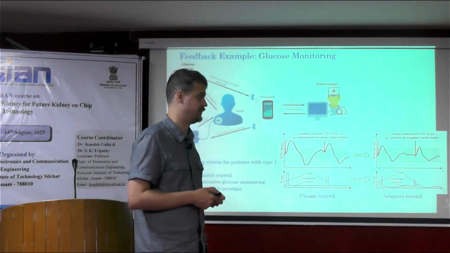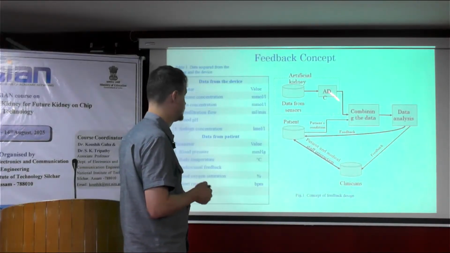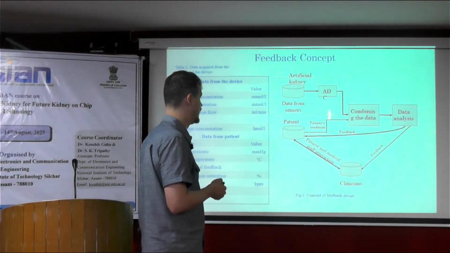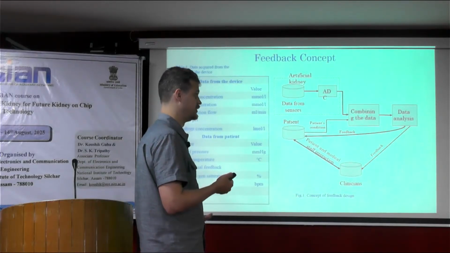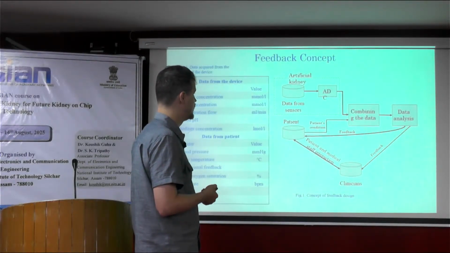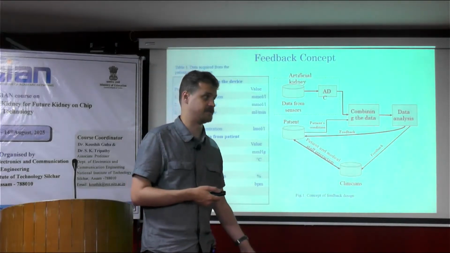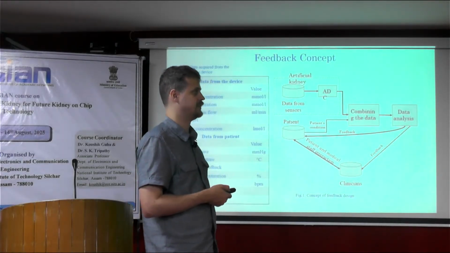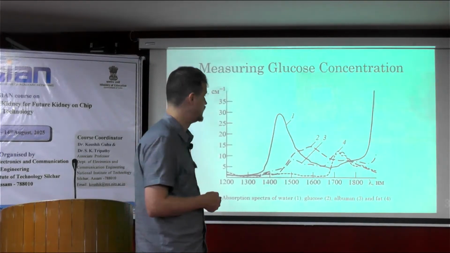If we talk about the implantable artificial kidney, of course, we need to apply specific data sensors to this implantable kidney. That includes glucose, and the glucose concentration can be measured by non-invasive optical methods, because we do not have the privilege to use the enzyme method in that particular case.